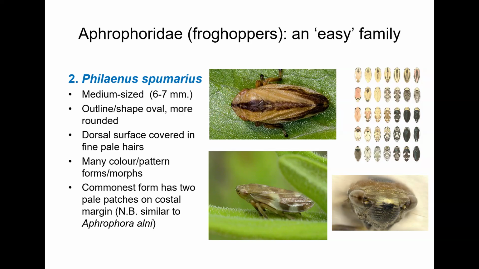And this species is interesting from the fact that it occurs in an extraordinary array of different color forms. So you can see a selection of those on the top right there. They occur as individuals from pale yellowish brown right through to completely black, and all sorts of patterns and colors in between.